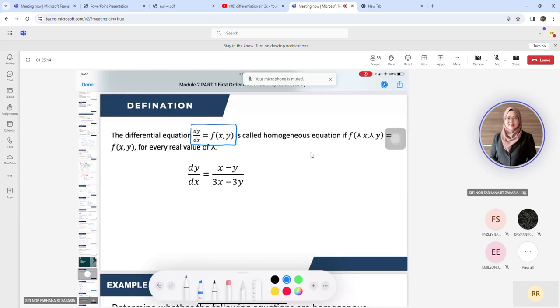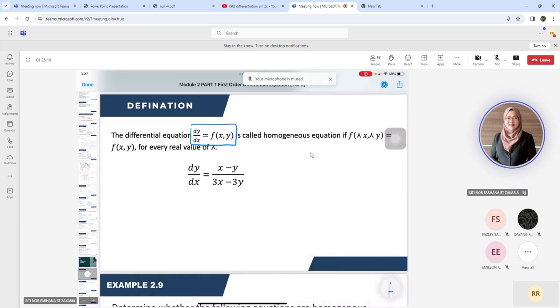So we try to add another variable, let's say lambda. We add here lambda x minus lambda y divided by 3 lambda x minus 3 lambda y. Then we simplify it.